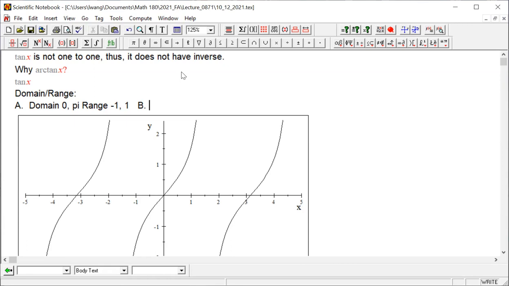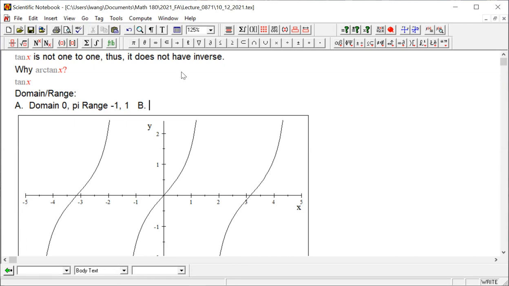So when you tell me the domain is 0, pi, you're telling me tangent 0 works and produces exactly one output, tangent pi works and produces exactly one output, and that's it. And you tell me the range is -1 to +1. So you're telling me there are only two numbers in the domain, 0 and pi, and the range is from -1 to +1.